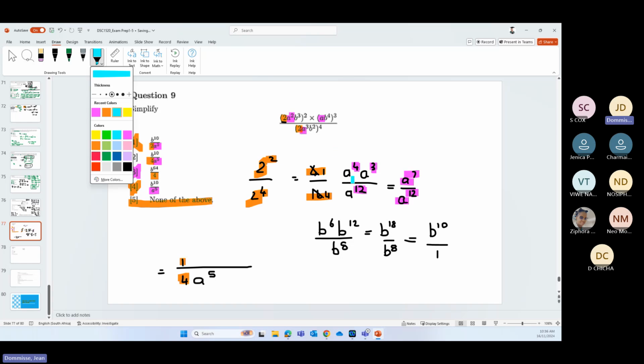Just make sure again: b^3 to 2 is 3 times 2, that's 6. b^4, so 4 times 3 is 12. 6 plus 12 is 18. 2 times 4 is 8, so that stays 8. But 18 minus 8 is positive 10 at the top.